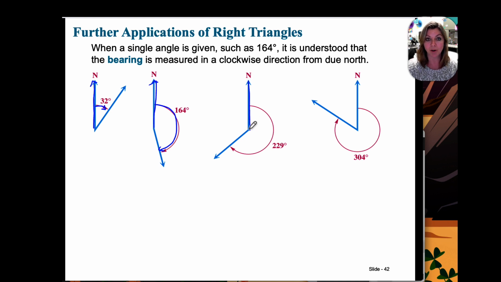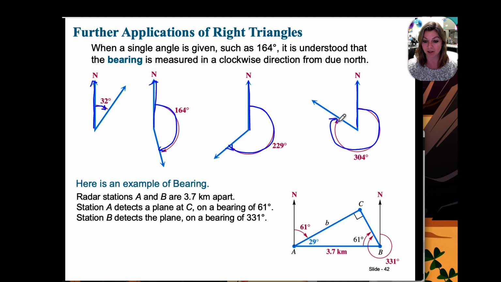Due north, and for bearing, we open in the clockwise direction. It's a little tempting, especially for this one, to take the shorter path to the terminal side, but in bearing, we don't do that. Due north, measured for the initial side, and then clockwise for the terminal. Last one, again, might be tempting to go this direction, but for bearing, due north, terminal side opens in the clockwise direction.